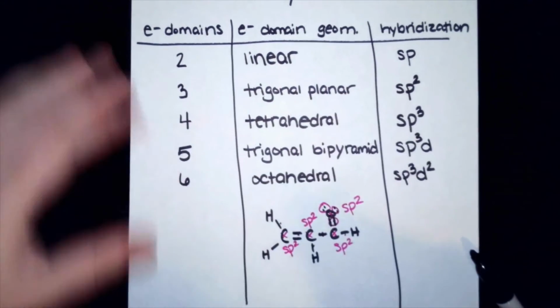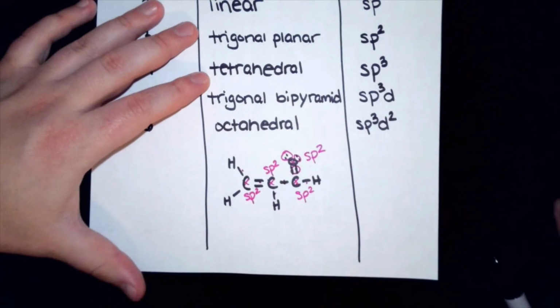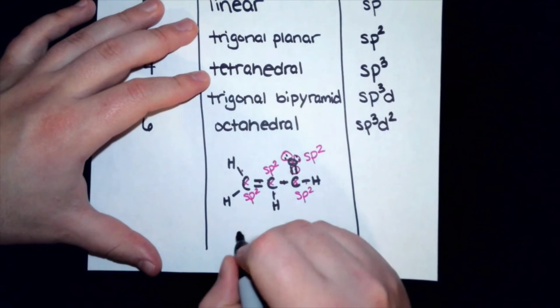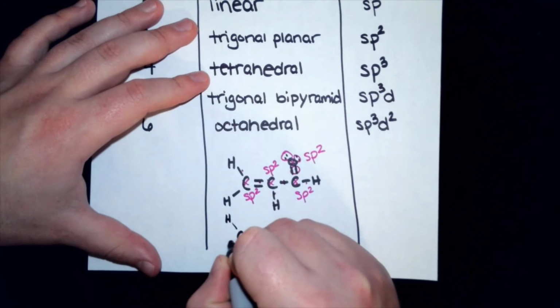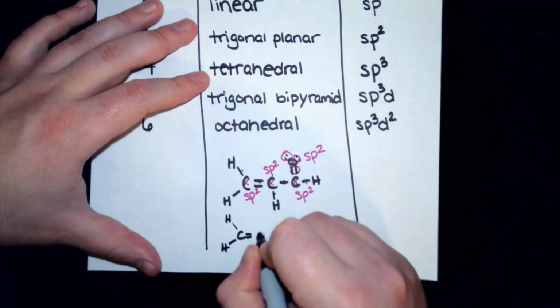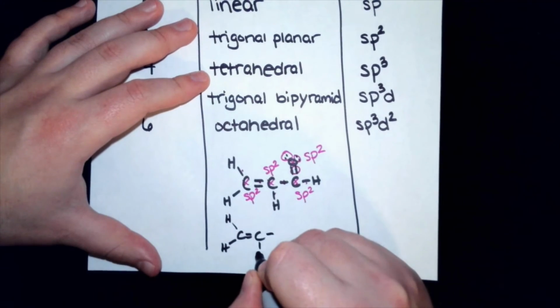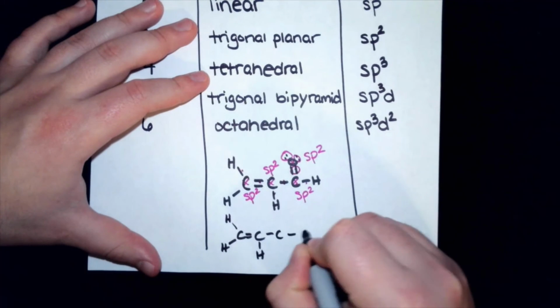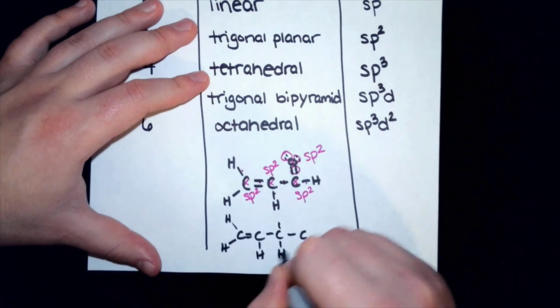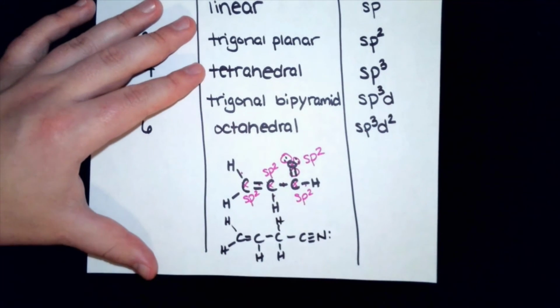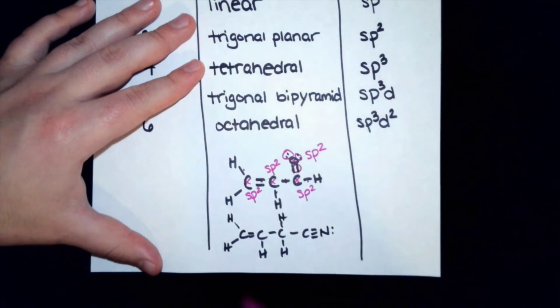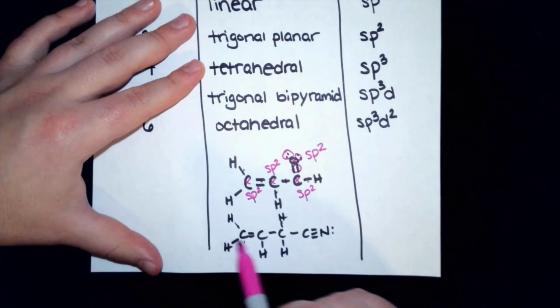But let's say, for instance, we had something like this. This carbon has 1, 2, 3 domains.